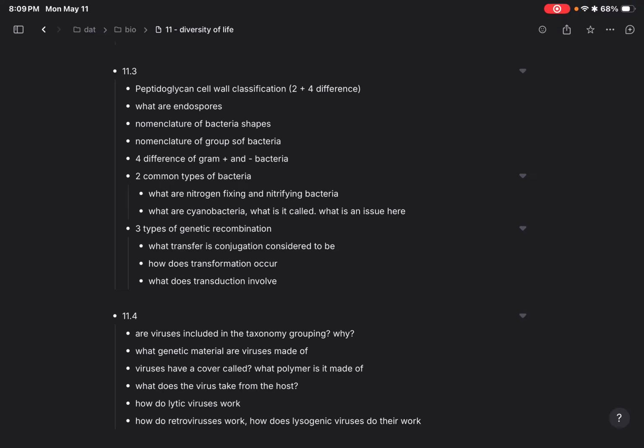a thin peptidoglycan layer, and then you have lipopolysaccharides which produce endotoxins on the outside, and you do not have teichoic acids.